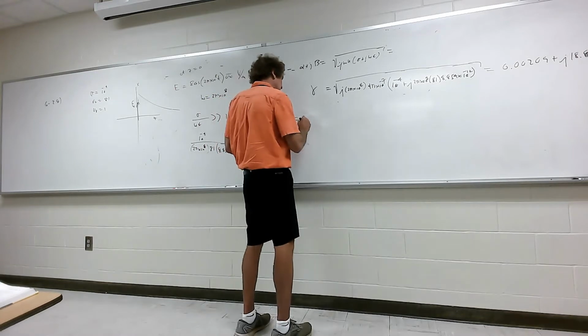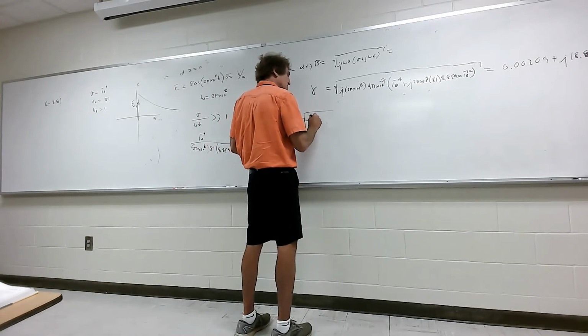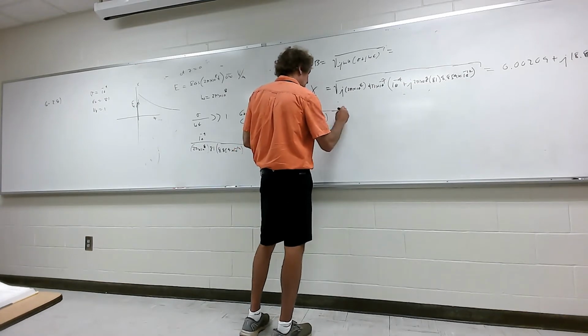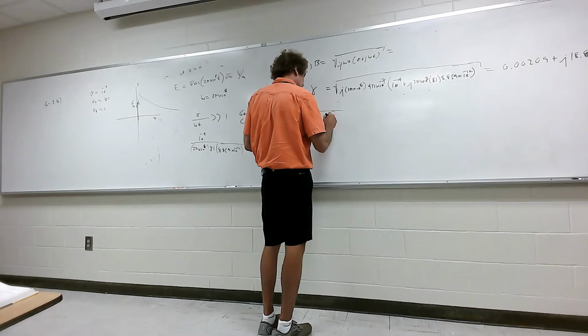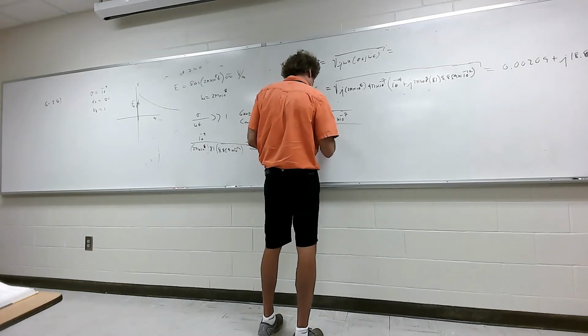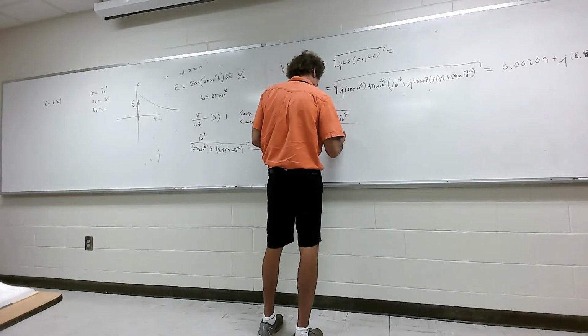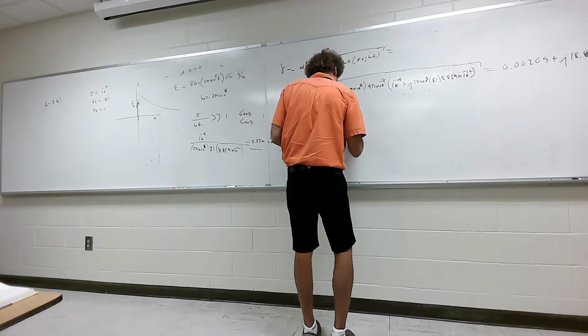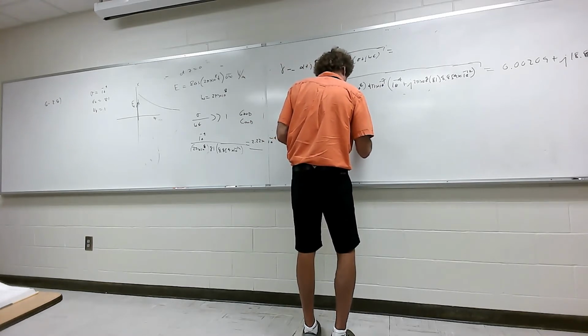If you do this, it's going to be the square root of j omega, which is 2 pi times 10 to the 8th, times mu, which is just mu naught, 4 pi times 10 to the minus 7, and then it's over sigma, 10 to the minus 4, plus j omega, 2 pi times 10 to the 8th, times 81 times 8.854 times 10 to the minus 12.